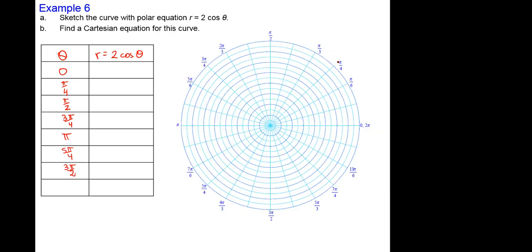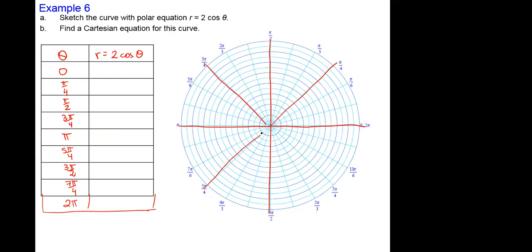I'm just trying to find the distance, the radius, for each of these angles. That's what I'm trying to list. And then 7 pi over 4 and then 2 pi, okay, we will go around. That means for these corresponding angles, we see them. We will compute the distance, the radii.